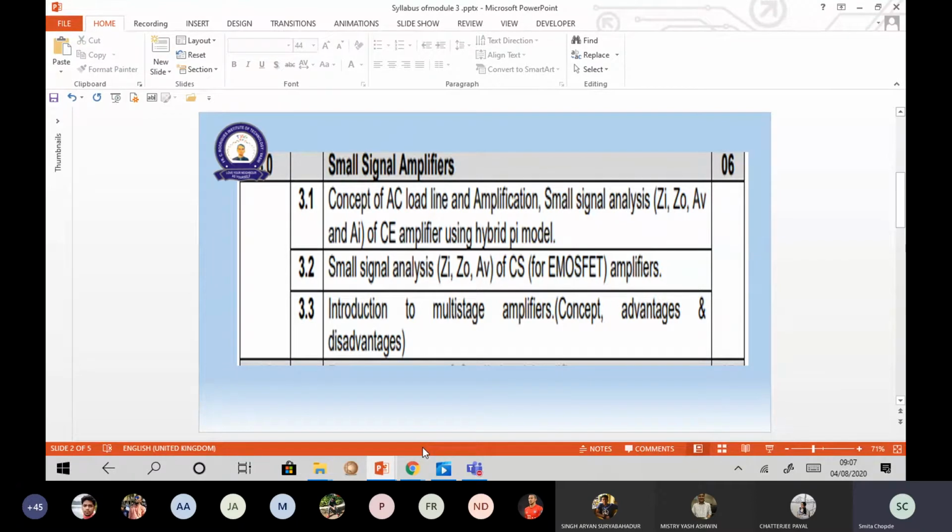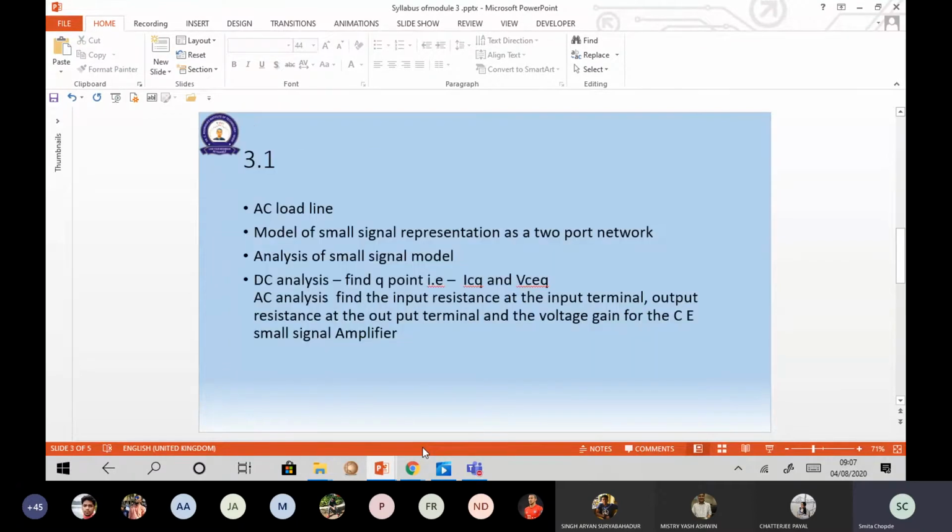Next, the 3.1 module. Here you will be learning something about the load line. Load line of AC is nothing but referred to as the DC load line itself, so you are quite well aware of it. Then the model of a small signal representation as a two-port network. Then analysis of a small signal model.